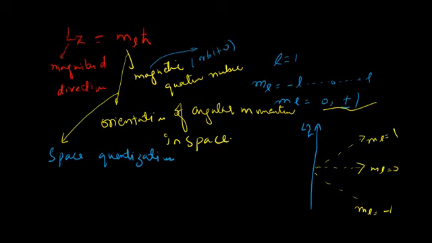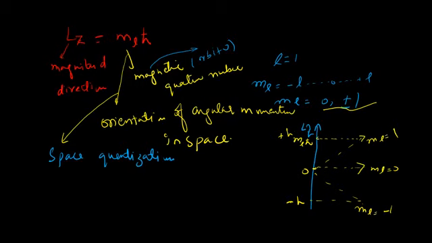So ML has its projection over the LZ direction, and so LZ will be equal to ML h cut, and these are its possible orientations: minus h cut, 0, and plus h cut.